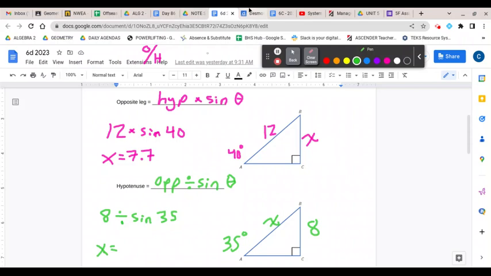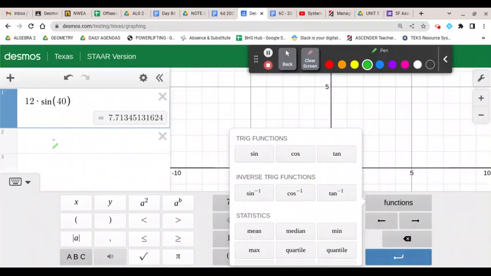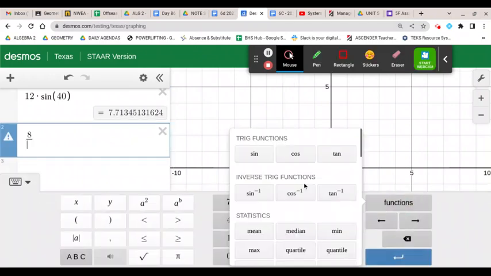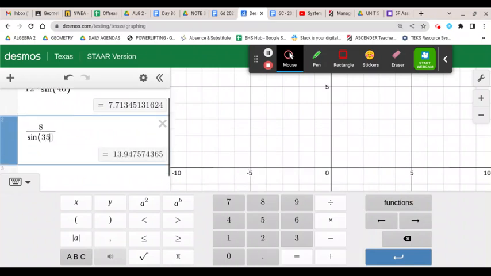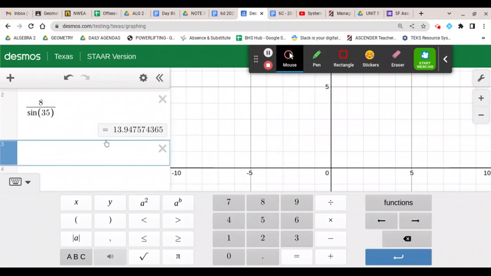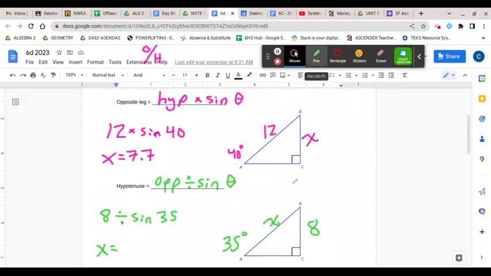So 8 divided by sine 35, going back to our calculator here. 8 divided by sine 35, and we get our answer of 13.9. So our hypotenuse there is going to equal 13.9.